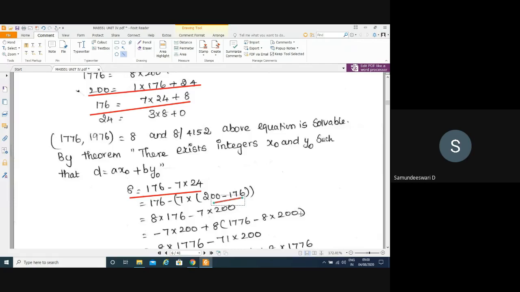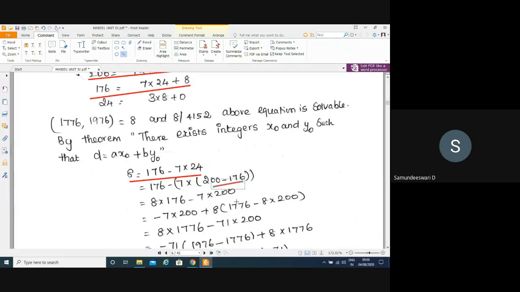So what is this? Actually, it is 176 minus 7 into 200 minus 176. If you bring the minus into this side, minus into minus is plus, so plus 7 into 176. The first term is 1 into 176, minus 7 into 200, plus 7 into 176.